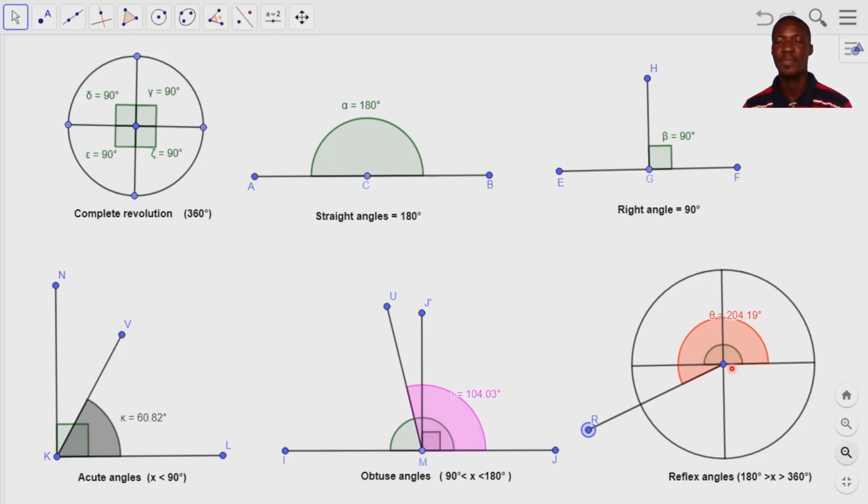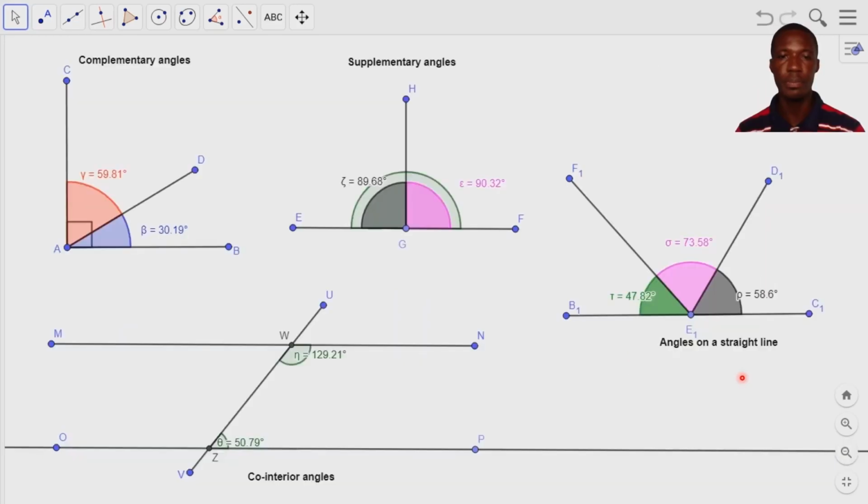So that is a reflex angle. So acute angles are angles that are less than 90 degrees. Obtuse angles are angles that are more than 90 degrees but less than 180 degrees. Then reflex angles are angles that are more than 180 but less than 360 degrees.